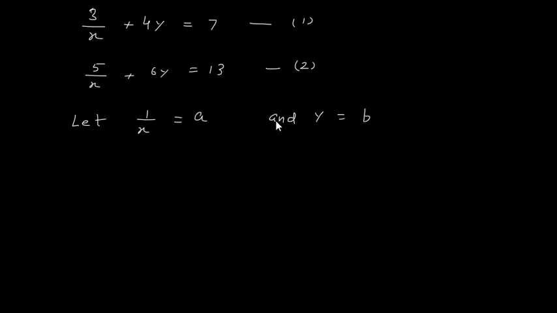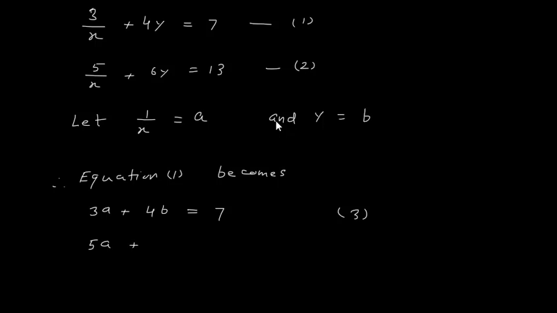So therefore equation 1 becomes 3a plus 4b is equal to 7. Consider this as equation 3, and this is 5a plus 6b is equal to 13. Consider this as equation 4.